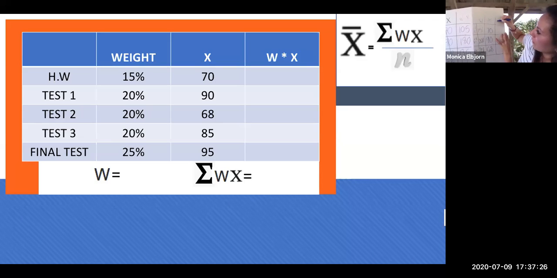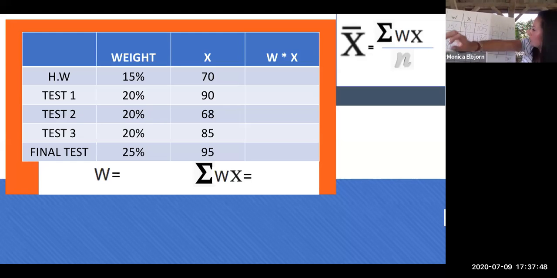So we start with W times X, and then we're gonna add, in order to get our weighted average, we're gonna have our sum of W times X divided by N, which this is our N.